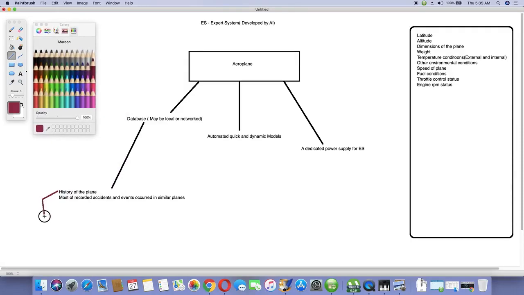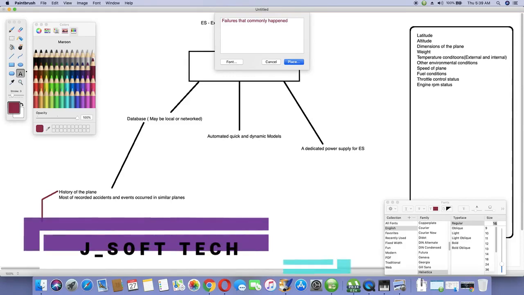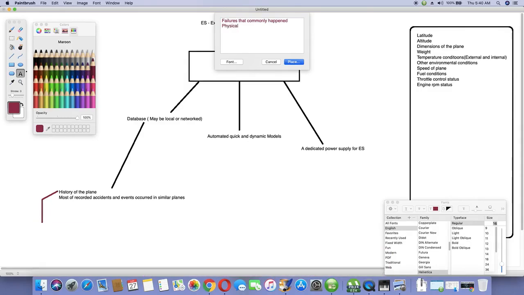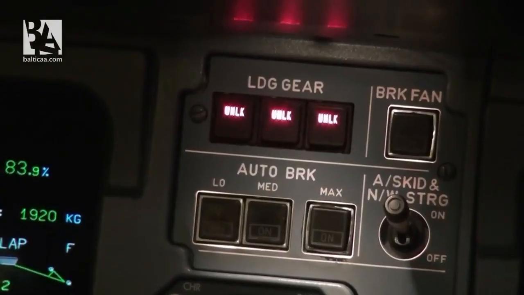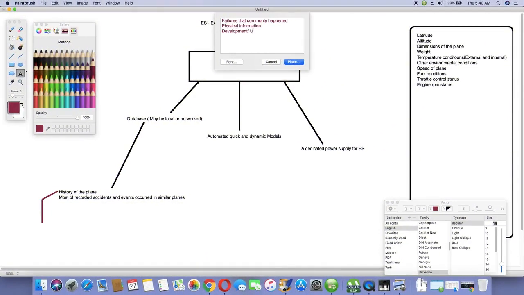The history of the airplane contains failures that commonly happened, physical information, and development and update status.